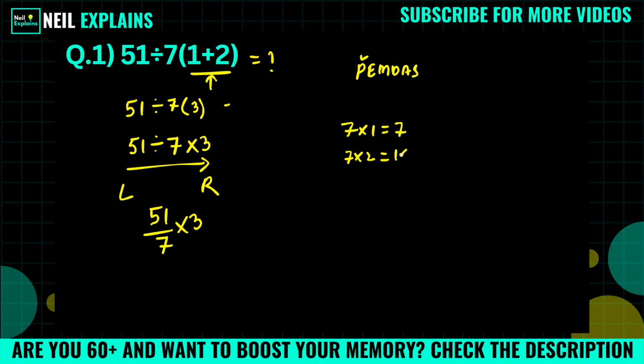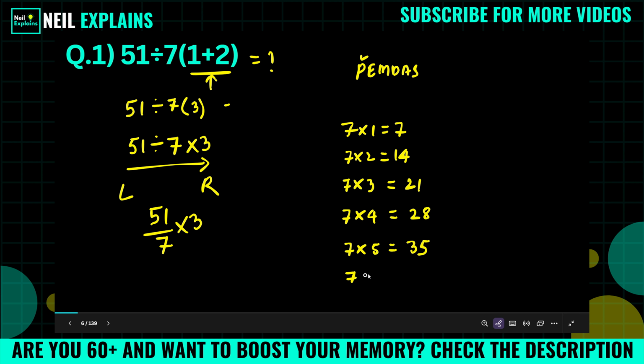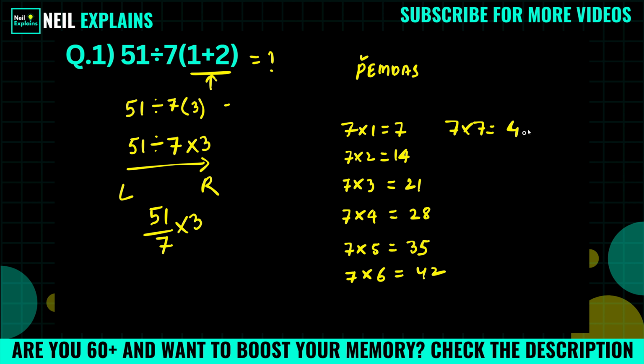Okay, so as we know, in the multiplication table of 7, 7 times 1 is 7, 7 into 2 gives 14, 21, 35, 49. So 51 will not be divided by 7 simply.